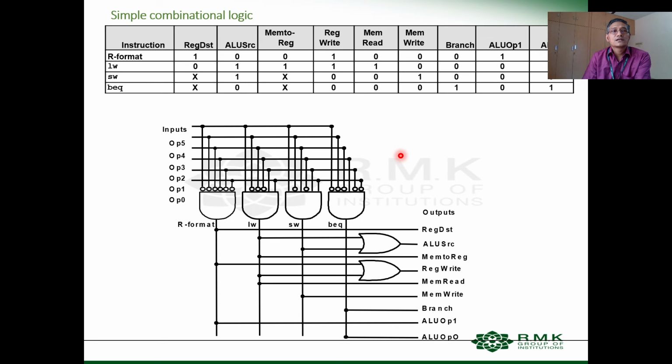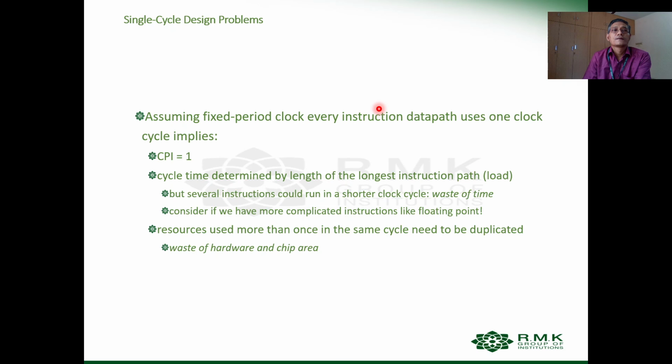The blue colored lines represent the corresponding control signal lines, and this is the simple combinational logic for generating the control signals: ALU op bits, branch, memory write, memory read, register write, memory to register, ALUSrc, and register destination. This is how the control signals are asserted or deasserted depending upon the opcode bits, by the main control unit.